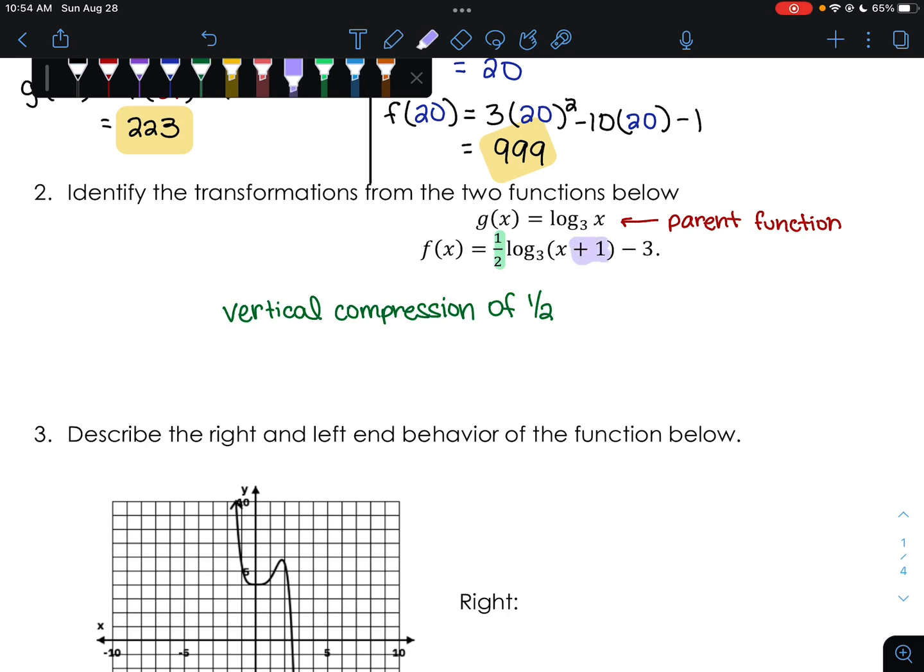Looking on the inside, we have a +1. Remember, since it's the inside, it moves opposite, so it's really moving in the negative direction. So this is going to the left 1 unit, which would be a horizontal shift.